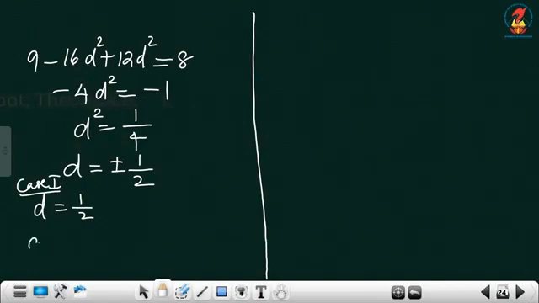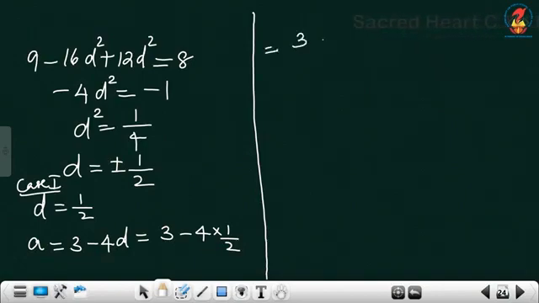When d is equal to 1 by 2, a is equal to 3 minus 4d, which is equal to 3 minus 4 into 1 by 2, which is equal to 3 minus 2, which is equal to 1. So when d is equal to 1 by 2, we got a as 1. We need to find S16.